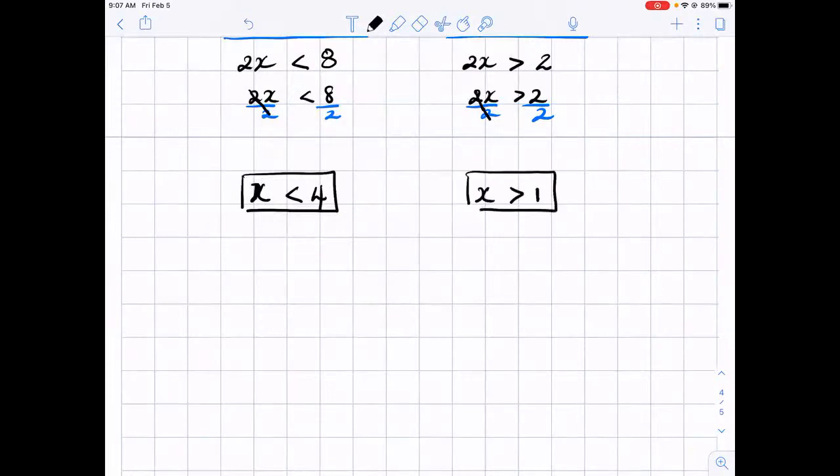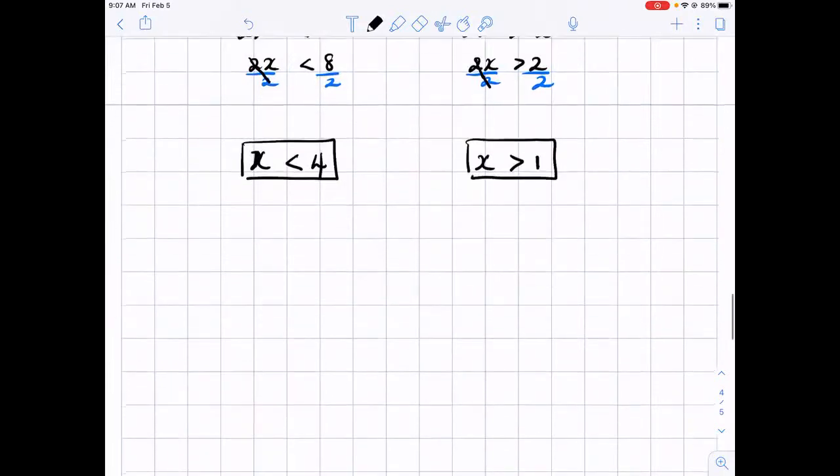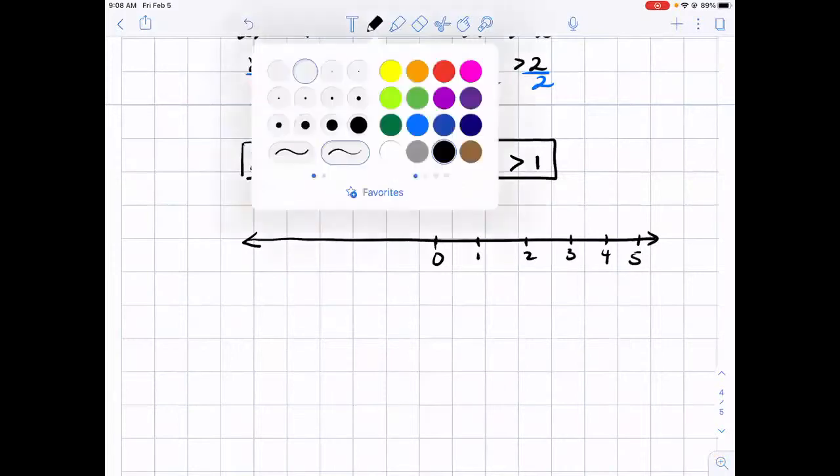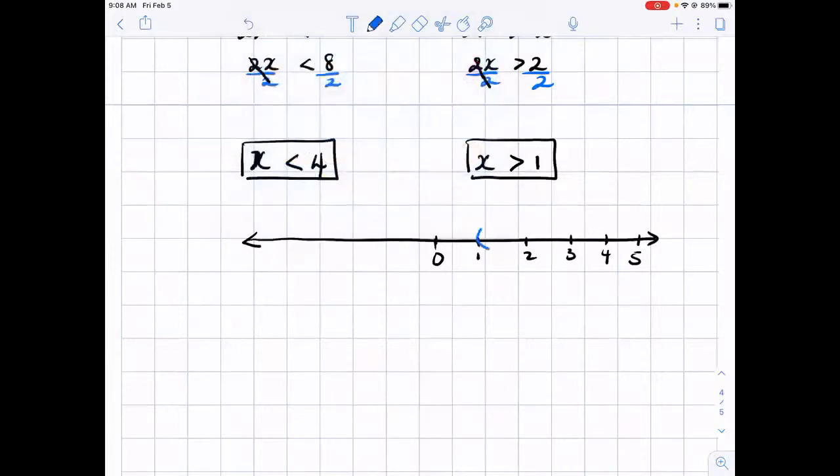So let's see on a graph, what does this look like? On a graph, somewhere here is 0, here we have 1, 2, 3, 4, 5. X is greater than 1, so we use the parenthesis. Greater means I'll go towards my right.